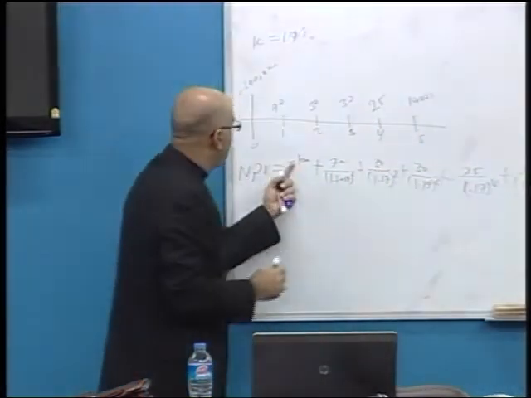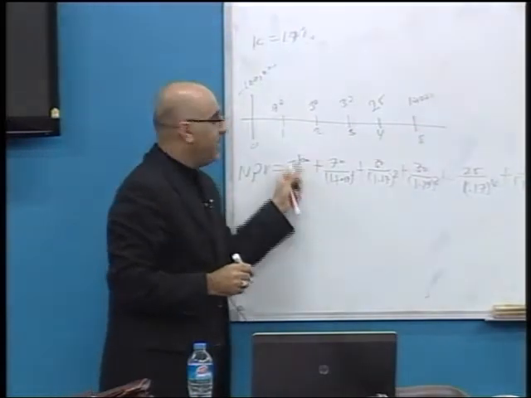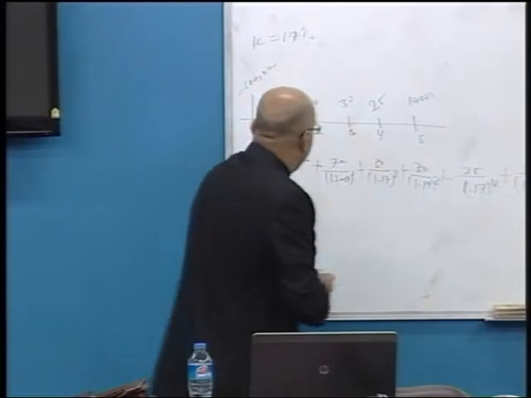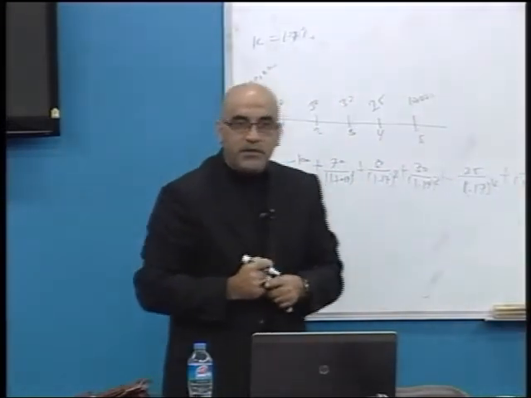Don't forget we have 100 here, 100,000, it means 170, 30. Okay, now you discount this.